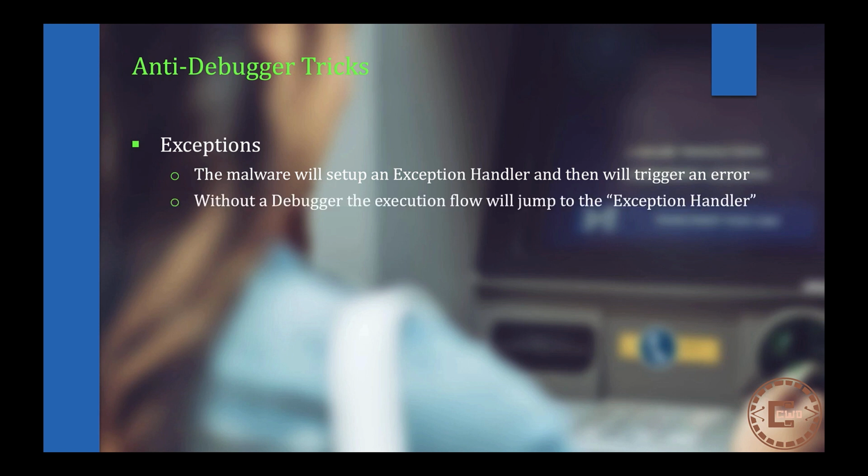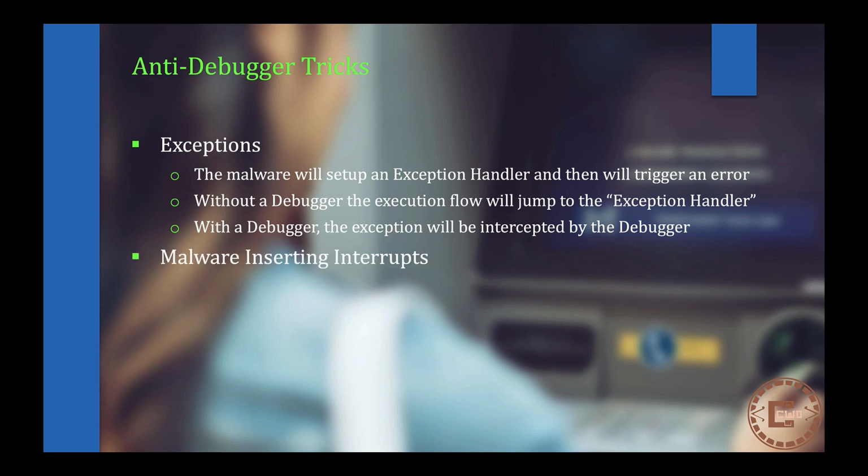Check this. If there is no debugger, the flow is going to jump straight into the exception handler created by the authors. But if there is a debugger, the debugger is going to intercept that exception. So what that means is if I am running inside a debugger, then I will never reach the exception handler.